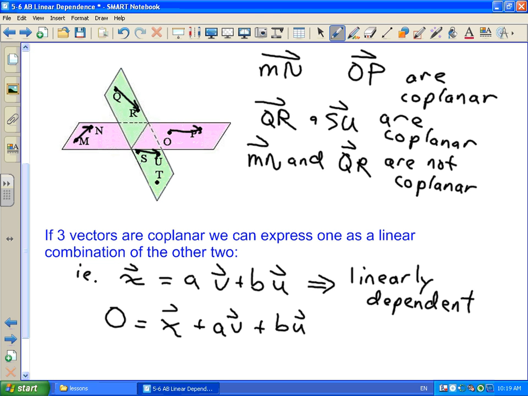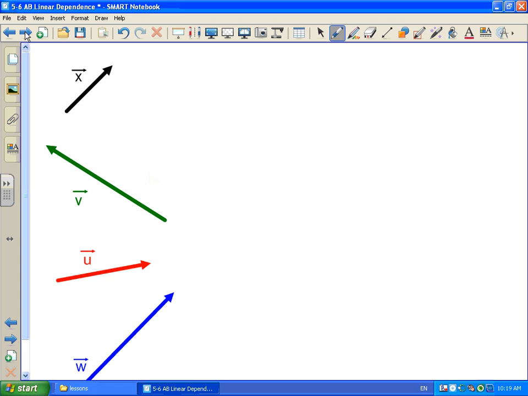And to see why this works, you can imagine having these vectors here, x, v, and u, all lying in the plane of the smartboard here. If these three vectors are coplanar, I should be able to take any two of these vectors, add them together, and get the third one.